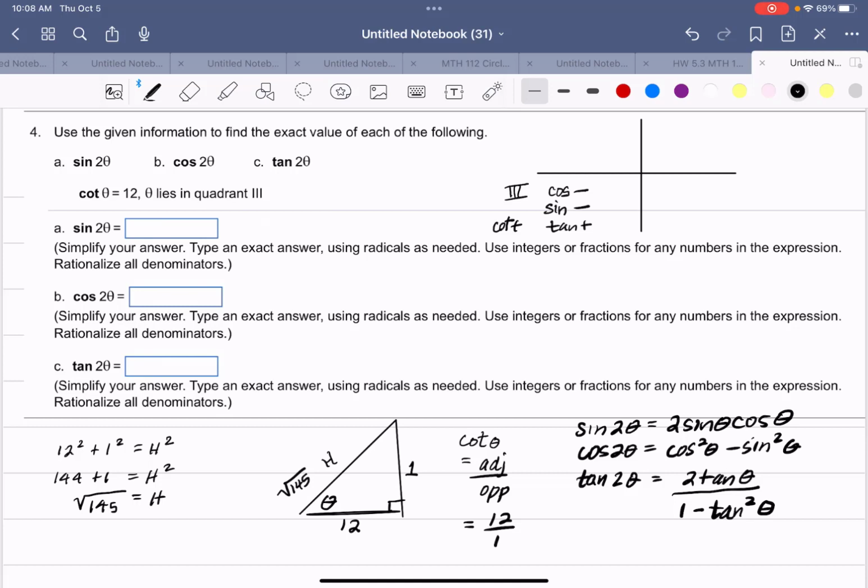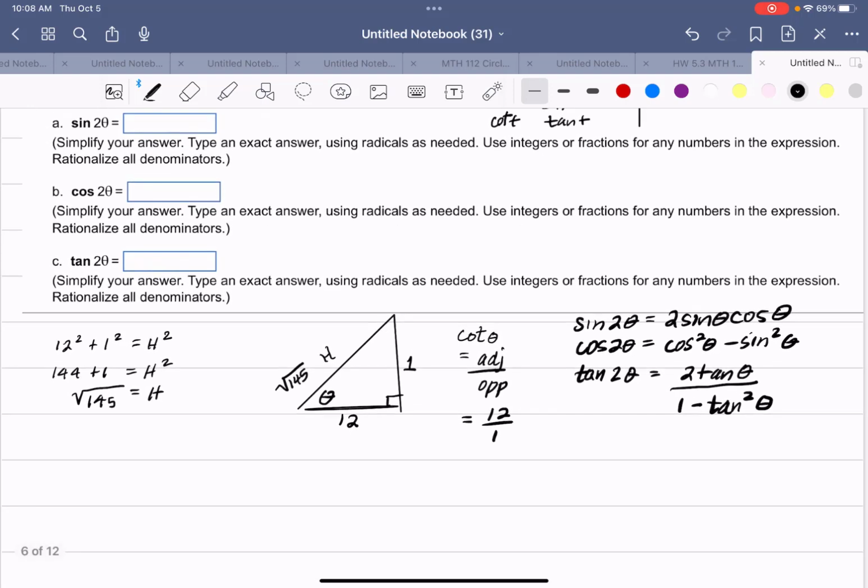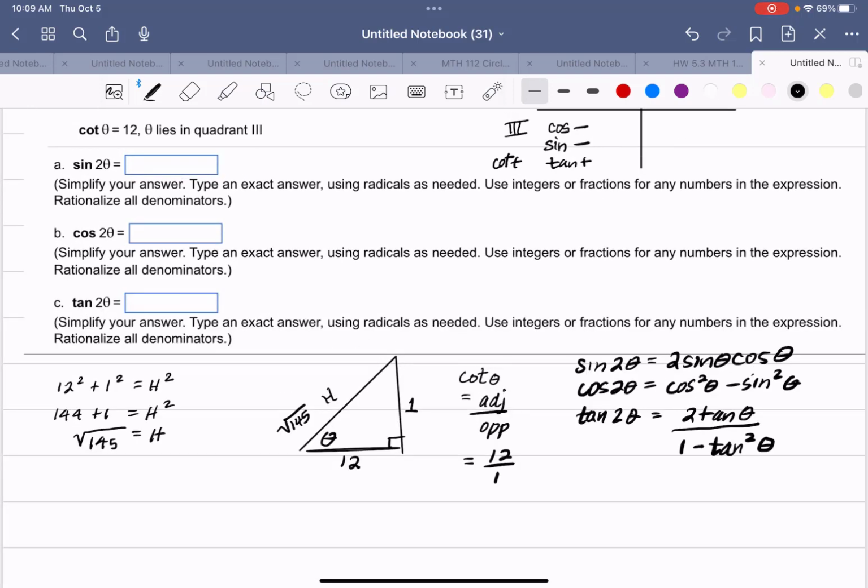Okay? Now, remember, our cotangent is positive, our cosine is negative, and our sine is negative. So we'll do our cosine of theta, and we'll keep in mind that this is in the third quadrant, so cosine is going to be negative. It's going to be our adjacent divided by our hypotenuse. So it's negative 12 over the square root of 145.